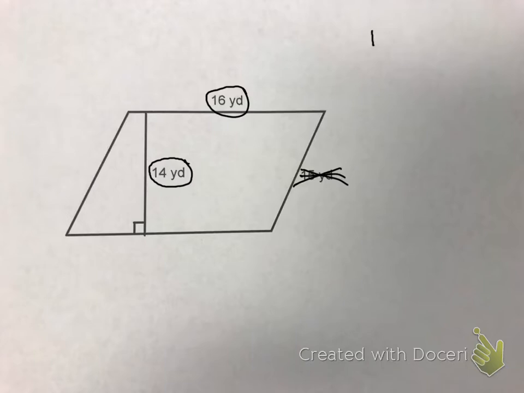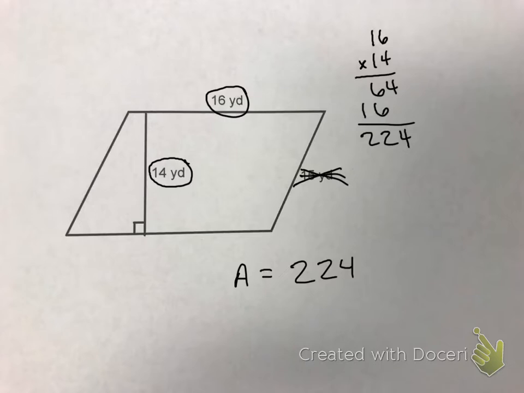So we're going to multiply 16 and 14. And we get 224, so the area is 224 square yards.